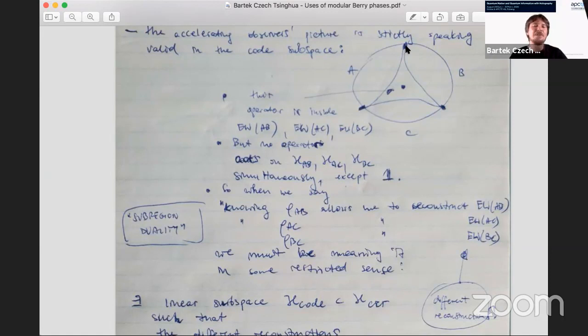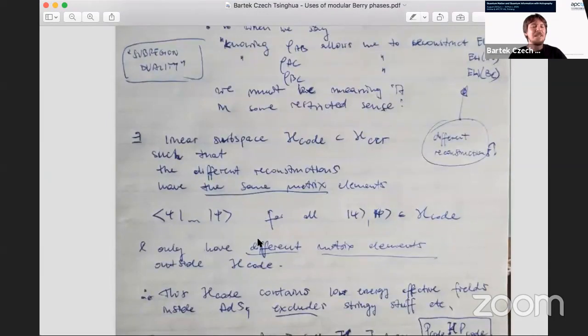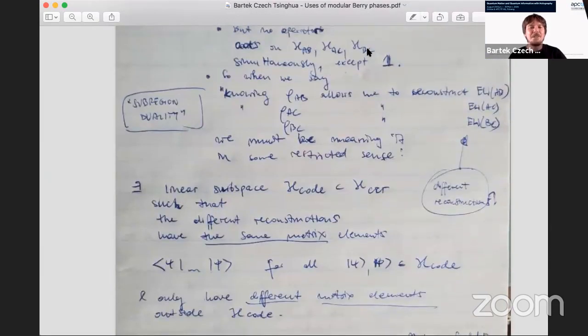Maybe it spills over into A a little bit, but even if it does, it will spill over in some small fashion. This is a subtle effect. It's not an order 1 effect. And so the question just becomes, how is it that I can have more than one reconstruction and they are macroscopically different? And that's what this is supposed to answer. I think that the problem arises even if I don't assume factorization in the boundary.